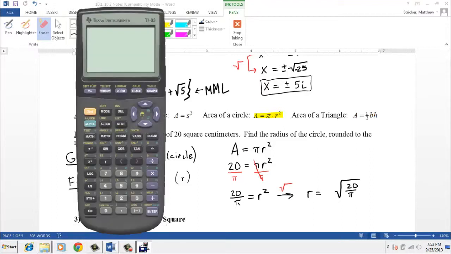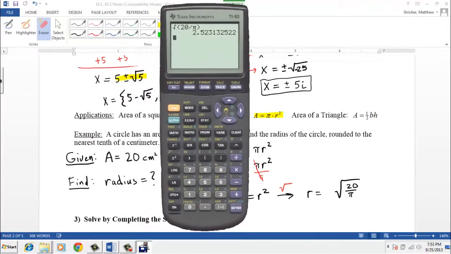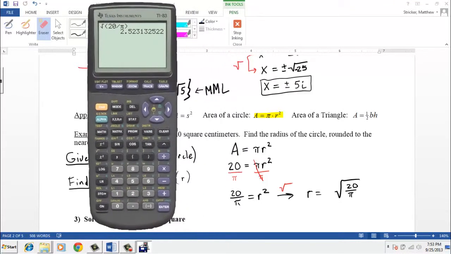Okay, so in your calculator, you hit square root. And then inside the parentheses, we'll just take 20 divided by pi, and pi is over here right underneath the clear button. You have to hit second pi. Close your parentheses and press enter. If we round to the nearest tenth, as it says in our directions here, that's 1 decimal.